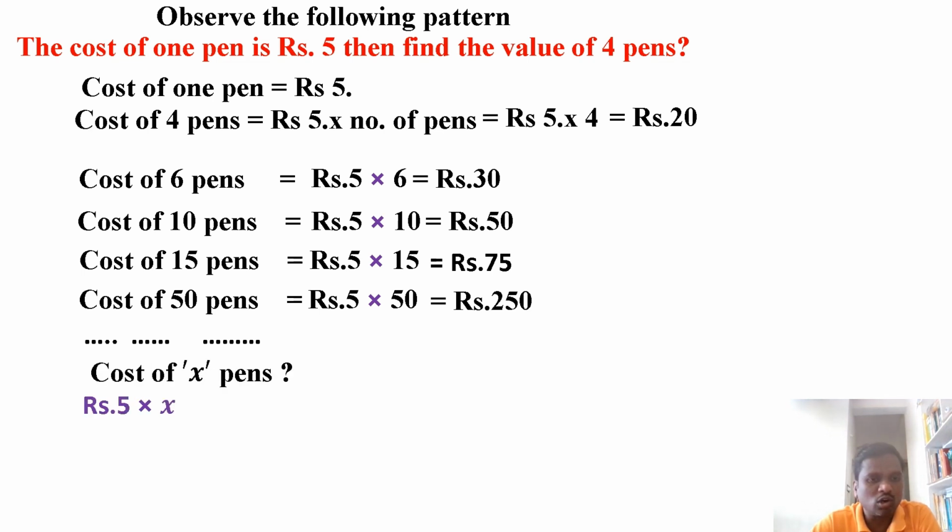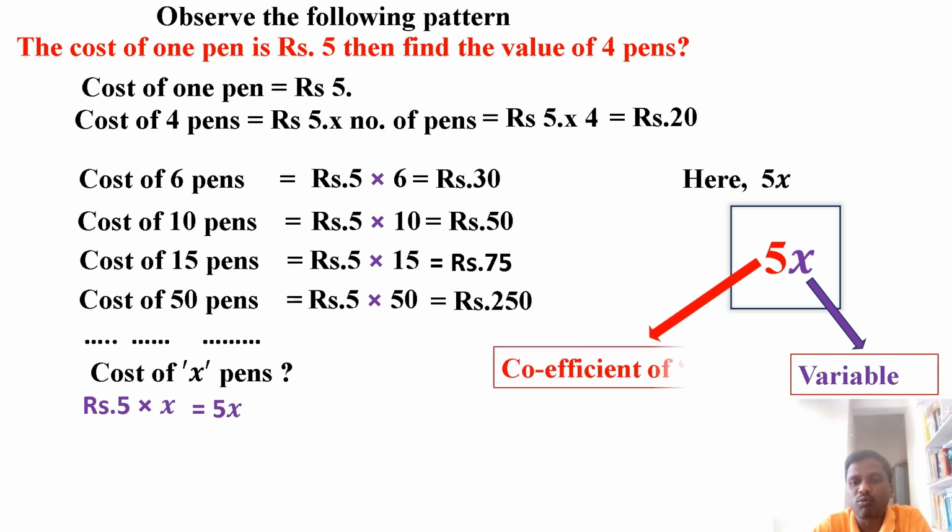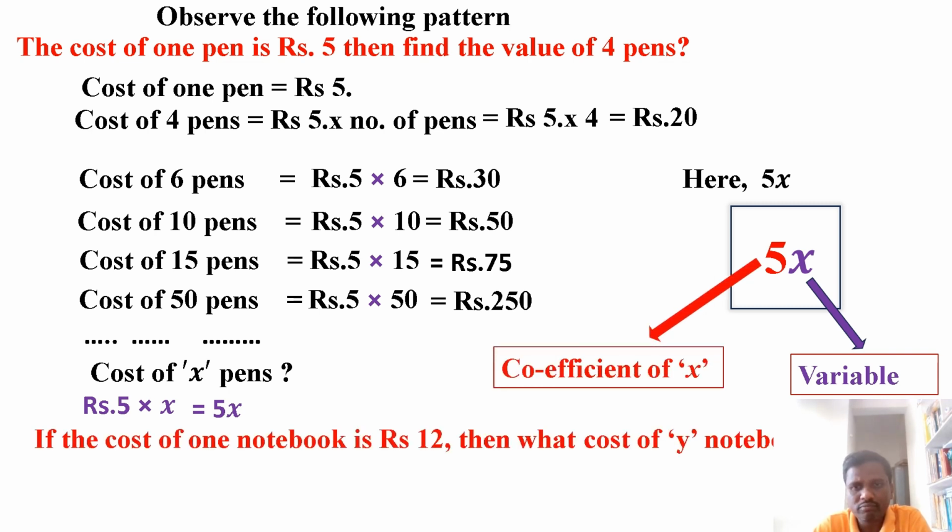Now what is the cost of x pens? The cost of 1 pen is rupees 5 and the number of pens is x. So rupees 5 into x is 5x. Here x is a variable and 5 is the coefficient of x.